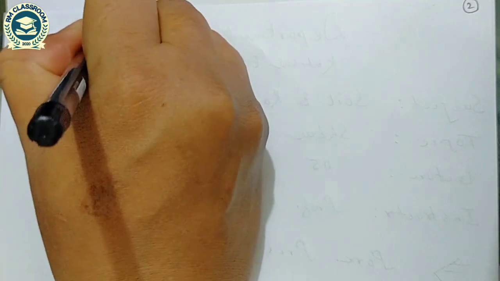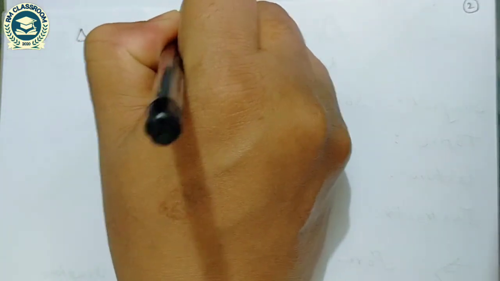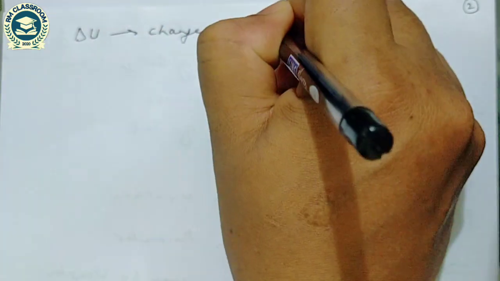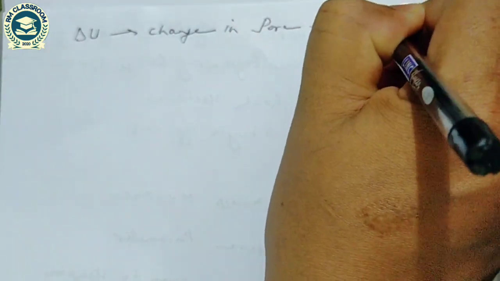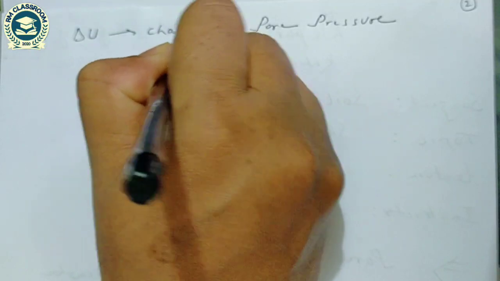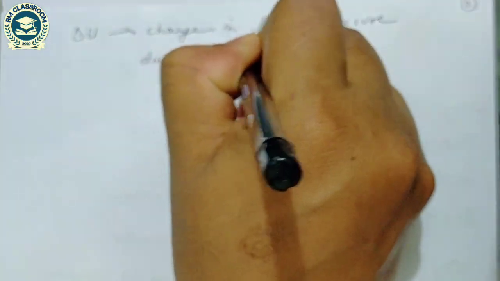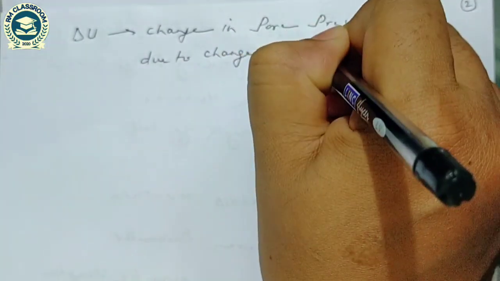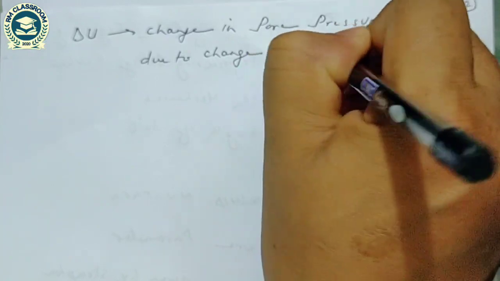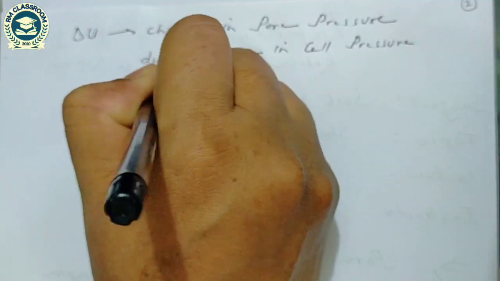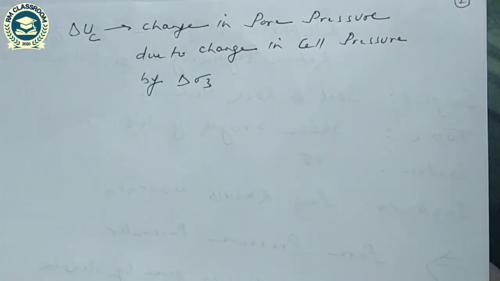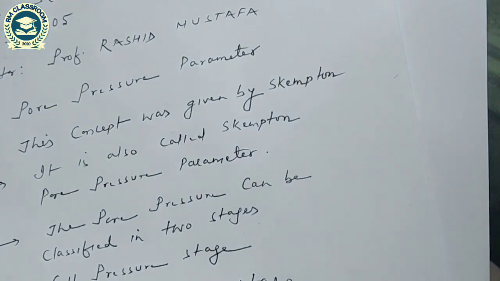where delta U is the change in pore pressure due to change in cell pressure by delta sigma 3. That's why it is called delta U C, C for change in cell pressure.